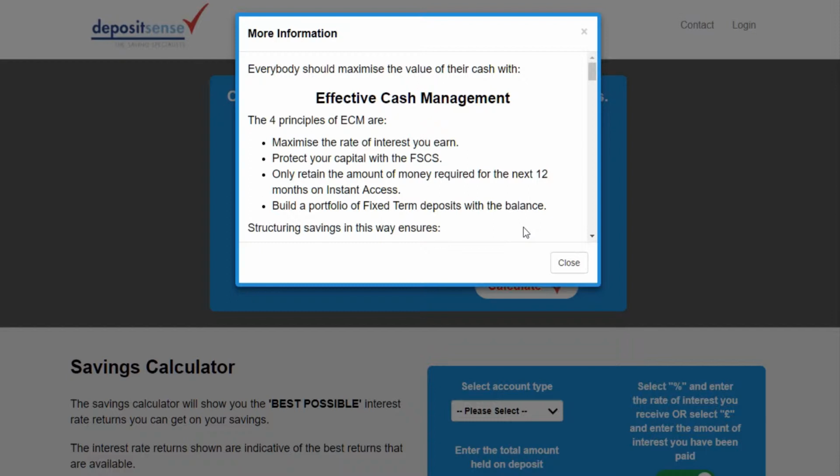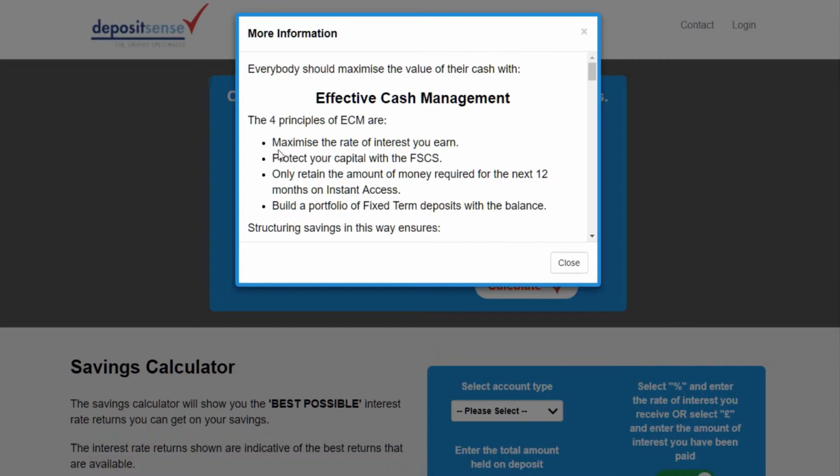because this is really powerful stuff. So to maximize the value of cash, you should always maximize the rate of interest that you earn and protect the value of your capital with the Financial Services Compensation Scheme, because if the best values aren't achieved on either of those two things, then your cash is either at risk or is not performing properly.